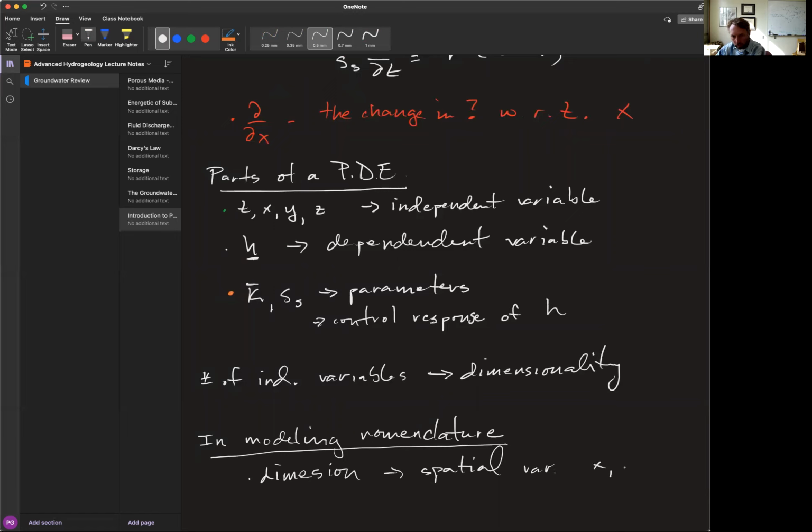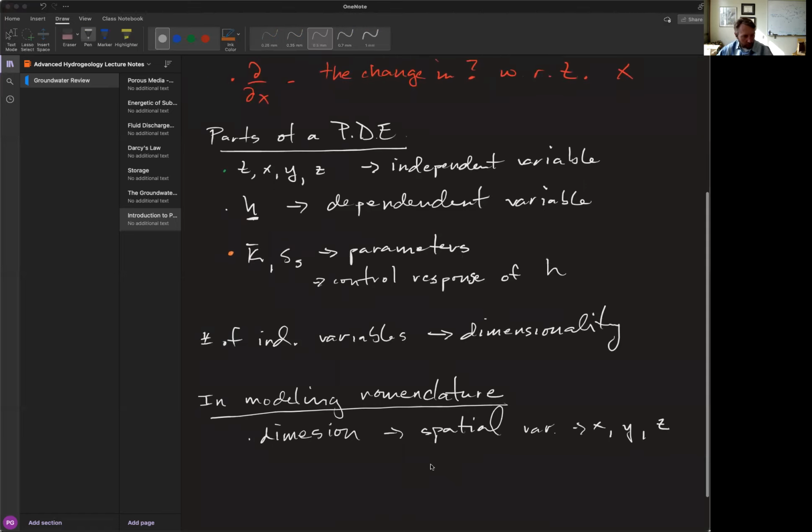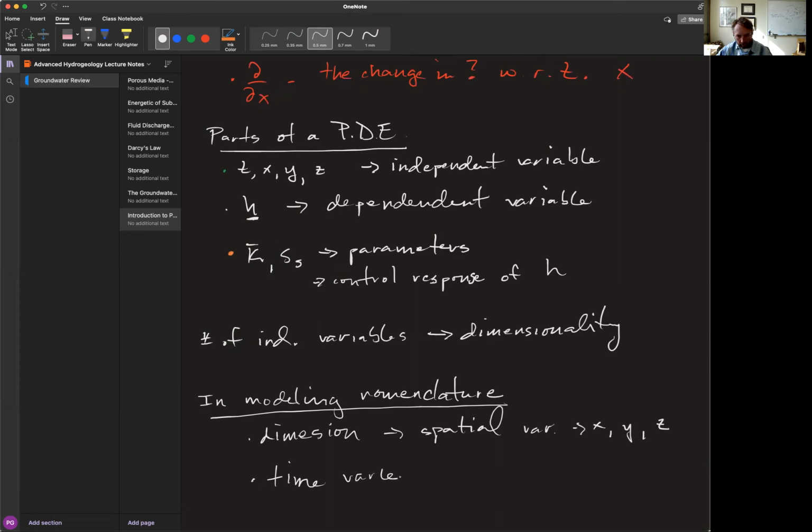So x, y, z in our example. All right. And then the change in time.